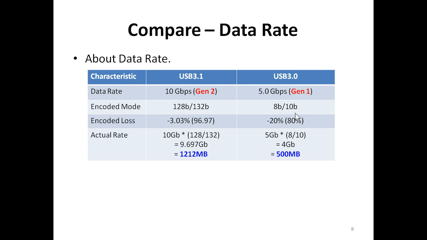The encoding for 3.0 was 8B/10B, and this is 128B/132B, so the encoding loss is somewhat less. The actual rate is 1212 MB, versus 500 MB. So USB 3.1 real transfer speed is up to 2.4 times that of USB 3.0.